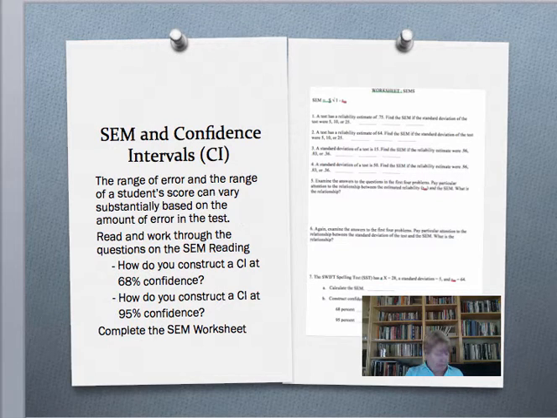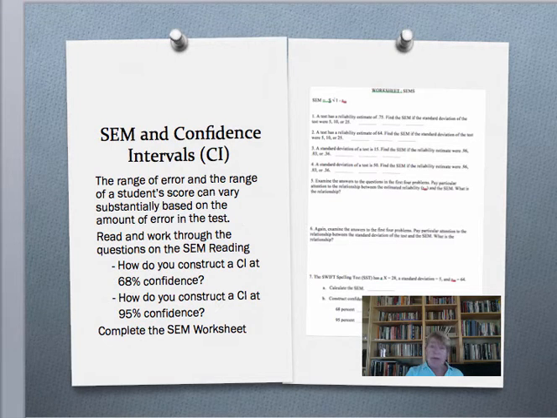Now, I'm going to ask you finally to complete question number 7 on our worksheet, and that is the Swift spelling test has a mean of 28 and a standard deviation of 5 and a reliability coefficient of 0.64. What is the SEM? And then construct confidence intervals for a score of 17 on that test.